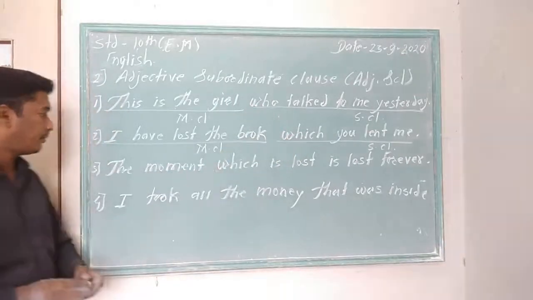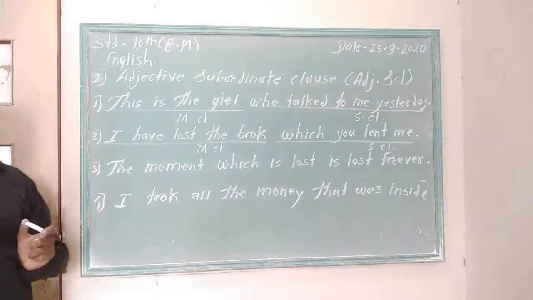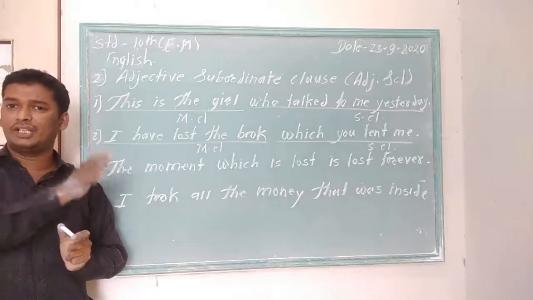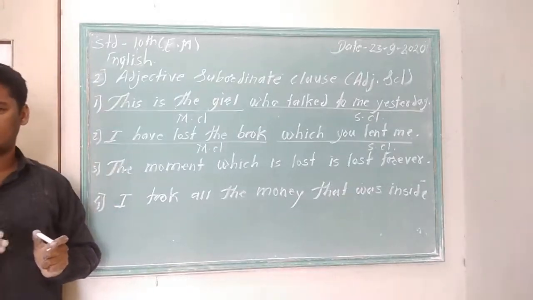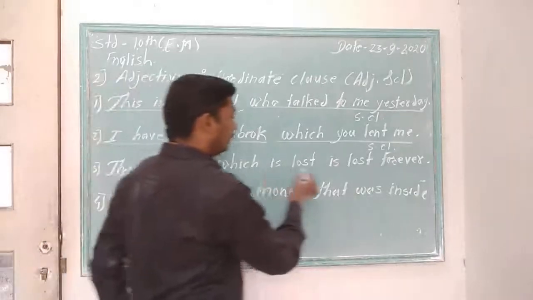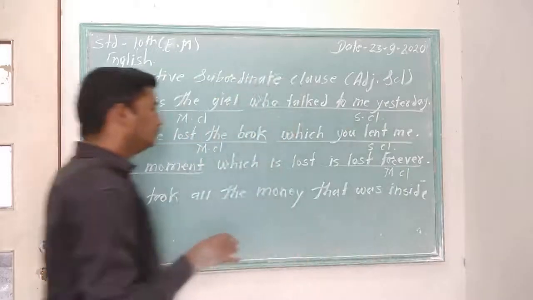Next sentence: The moment which is lost forever. This sentence is a bit different. Main clause has been separated into subject and predicate part. The moment is lost forever. It's the main clause.